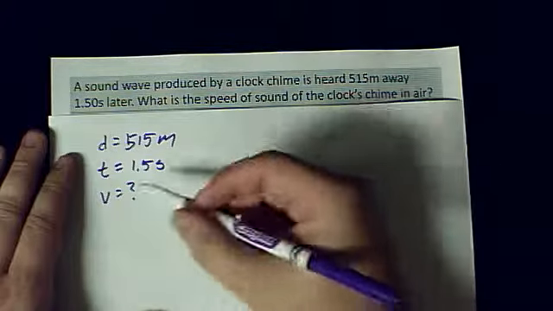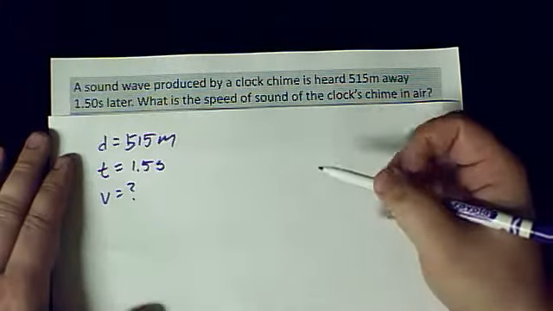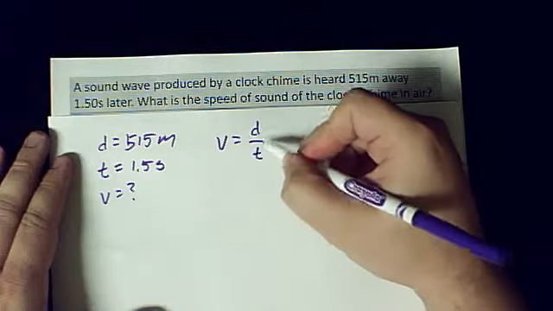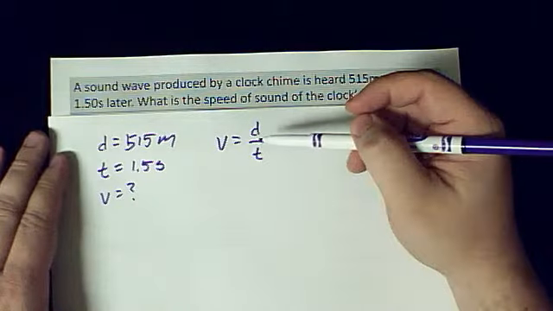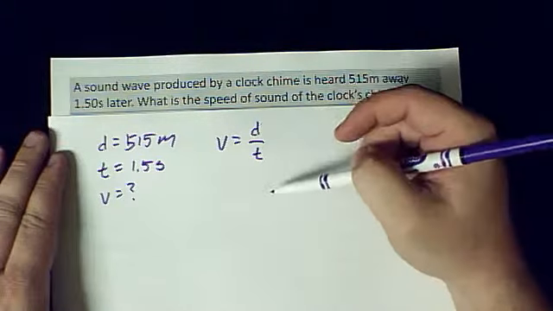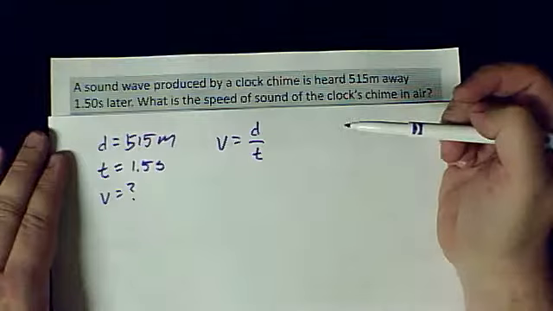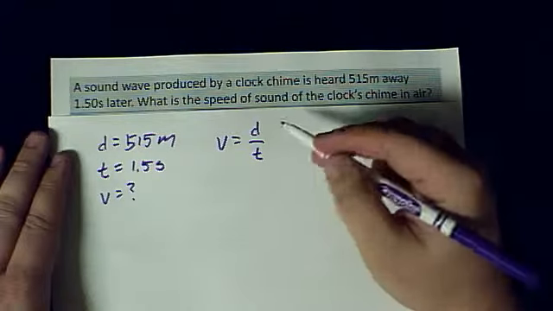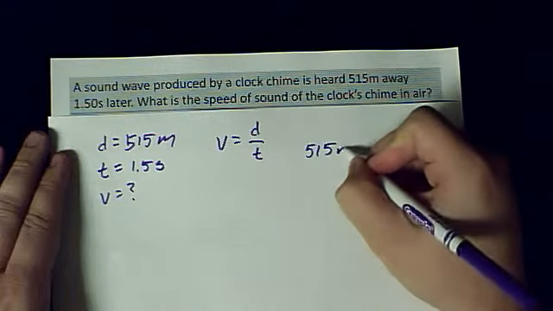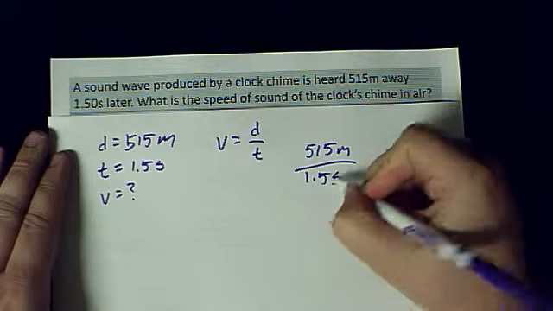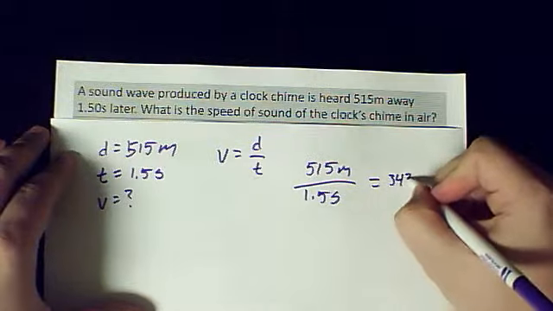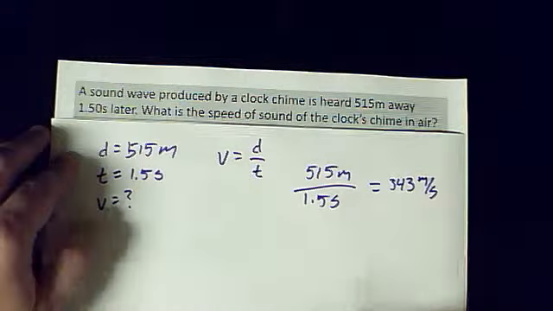Well, that's not the information I gave you in the equation a second ago, because v equals d over t, velocity equals distance divided by time. This still works for waves. It worked for cars, it worked for balls, it works for anything. Any velocity is a distance divided by time. So I do 515 meters divided by 1.5 seconds, and I get an answer of 343 meters per second. Okay?